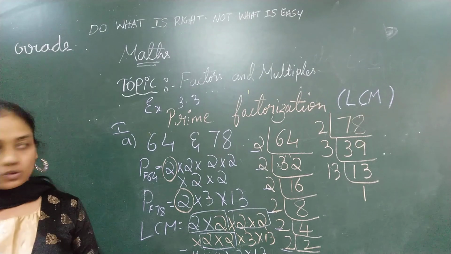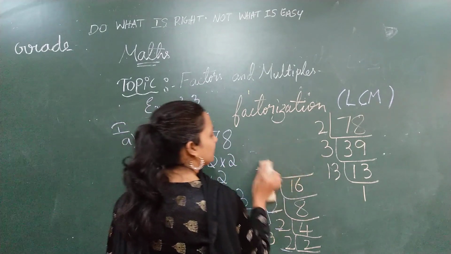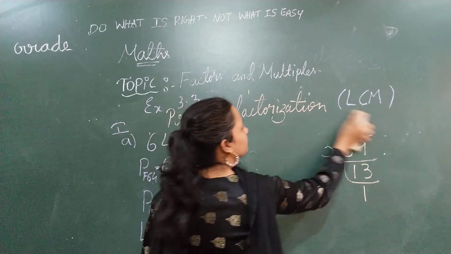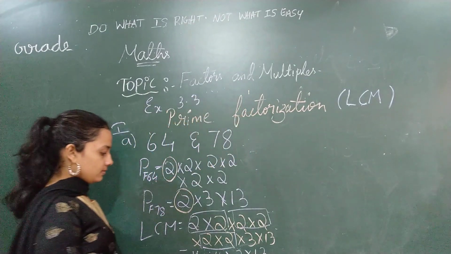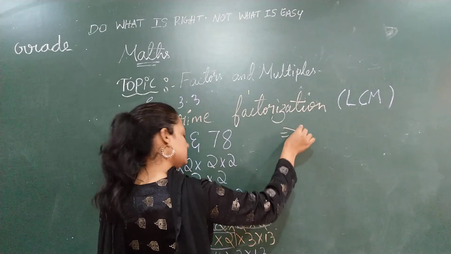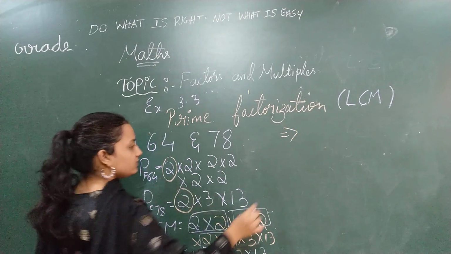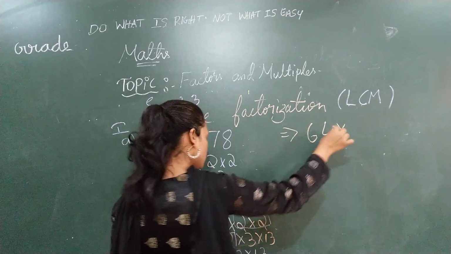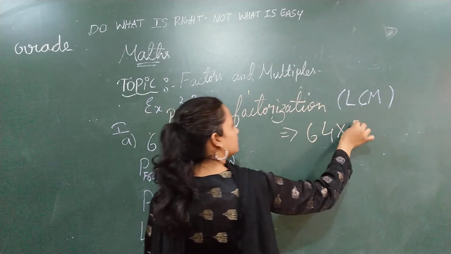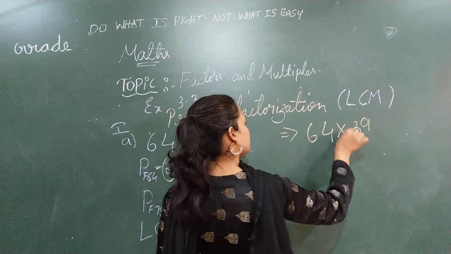I don't have place, so I'll rub this and write the working here. So 16 into 4, 6 4s are 24, 64 is the answer. Into 3, 3 4s are 12, 3 6s are 18 plus 1 is 19, so 192.